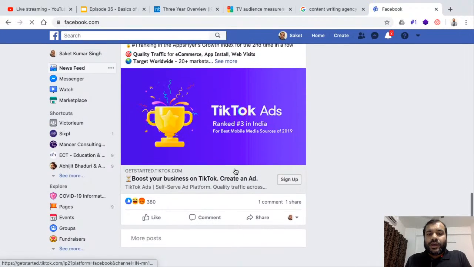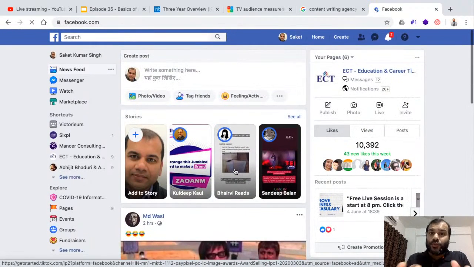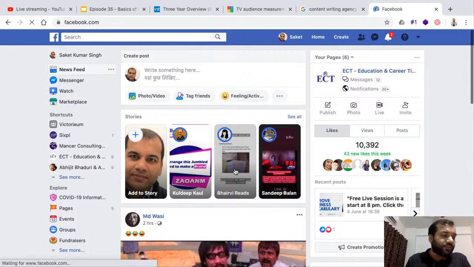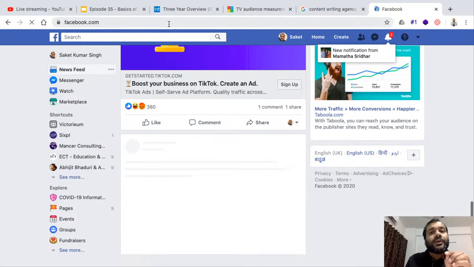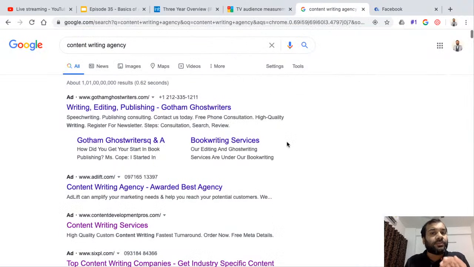Though Facebook also has awareness, consideration, or action objectives, just to give you an idea: if you have just started and have a limited budget and have to target people who are actively looking for your services, you will begin with Google and not with Facebook advertising, right?